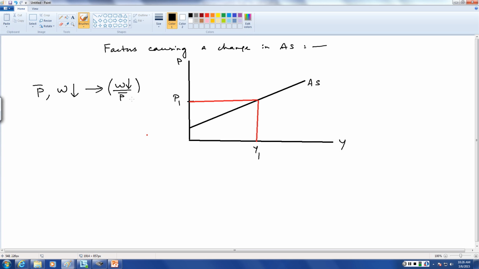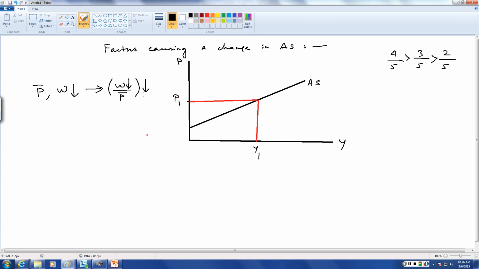If you have the numerator of the fraction falling, so for instance, 4 by 5, 3 by 5, 2 by 5, what's the direction of the fraction? So if the numerator falls, it's going to cause the fraction to reduce in size. Real wage falls.